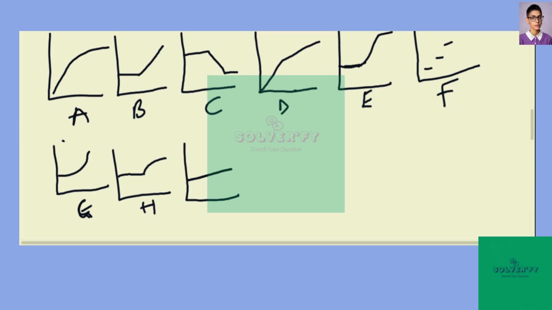I looks like this. J looks like this. K looks like this. And L looks like this.